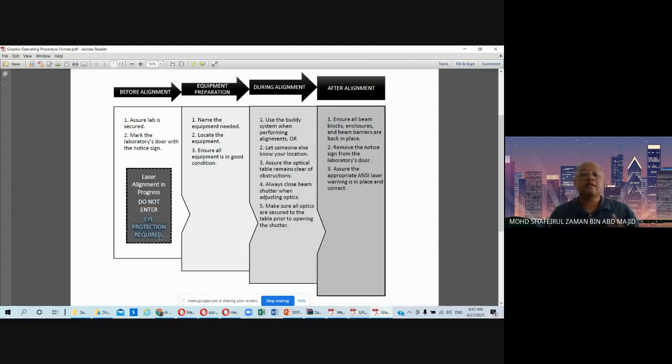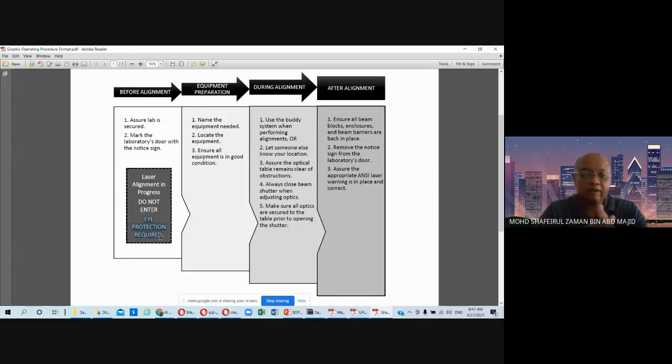So let's say if your procedure later on is, for example, to scoop the raw material and put it in the bin, then you can find the picture or the image or the illustration of a person doing the job, scooping the raw material and putting it in the bin.